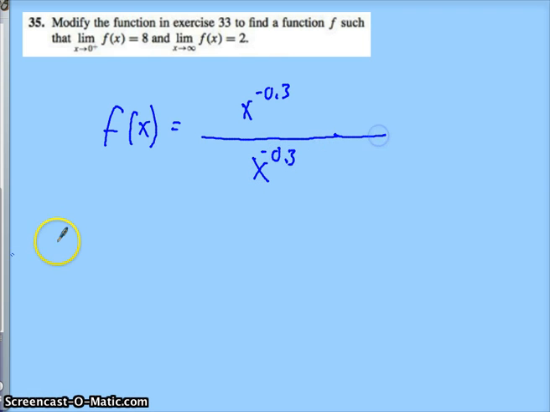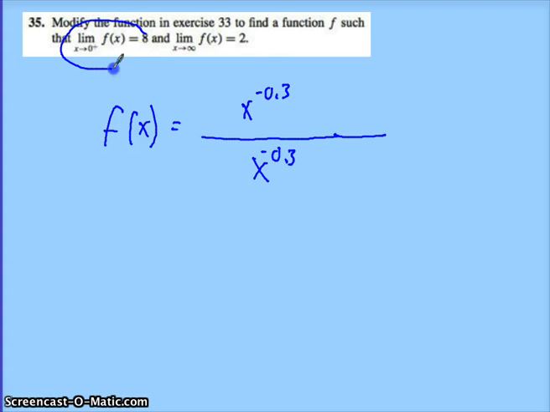We want this limit to be 8, so pick some numbers that make 8. I don't know, 24 and 3. And as we go to infinity, I want the limit to be 2. I don't know, 6 and 3. So this is a nice problem to help us be good problem solvers.